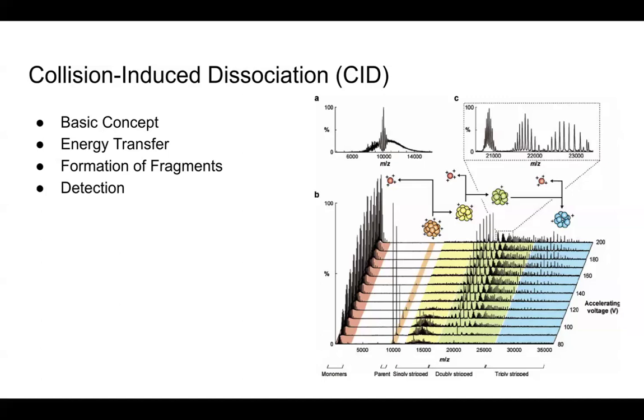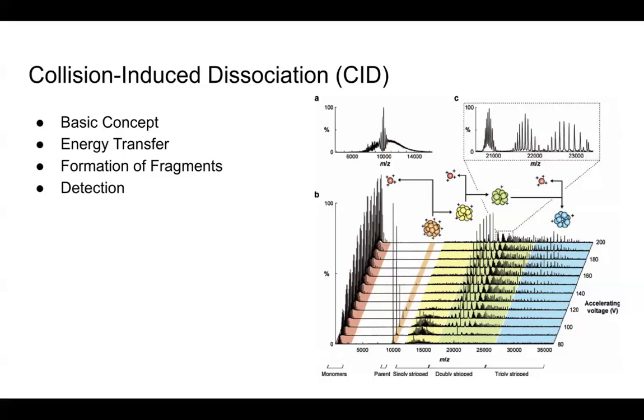So the fragmentation pattern is often influenced by the structure of the parent ion. It's also influenced by the types of bonds that are present, lalo na kung may post-translational modification, and the energy of the collisions.